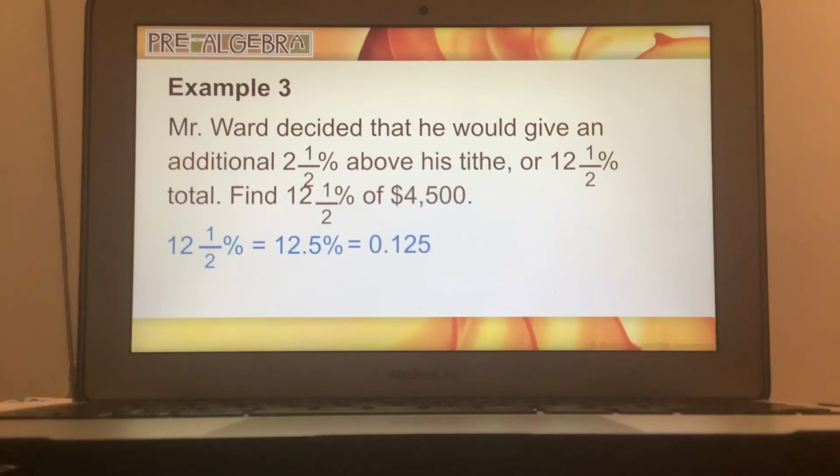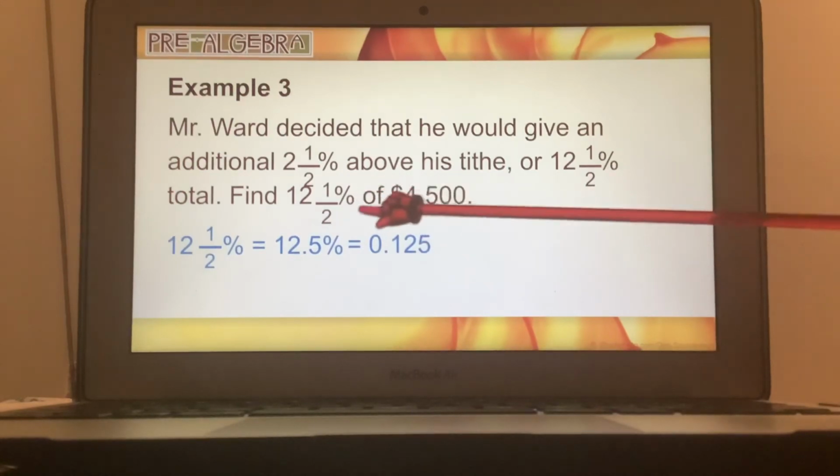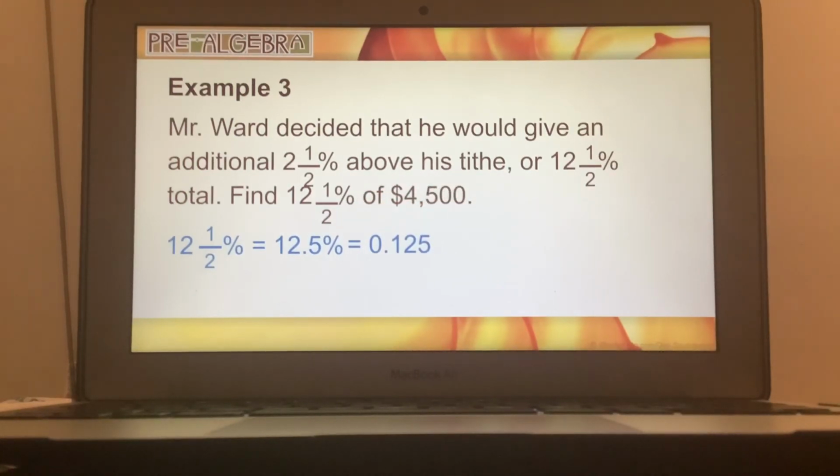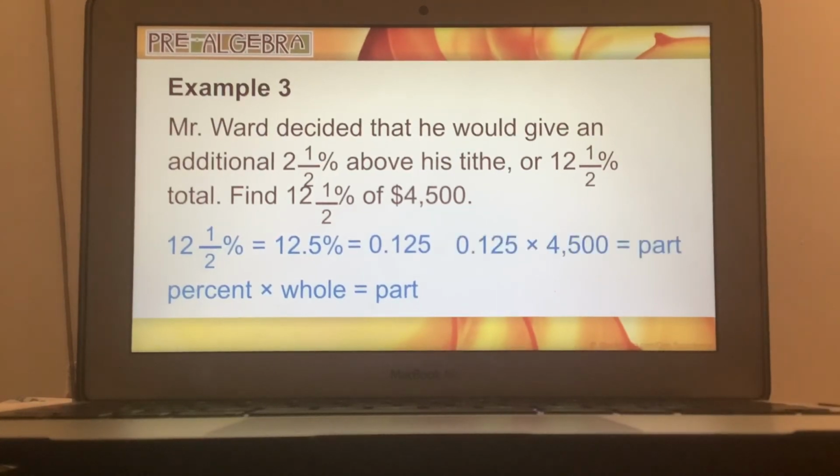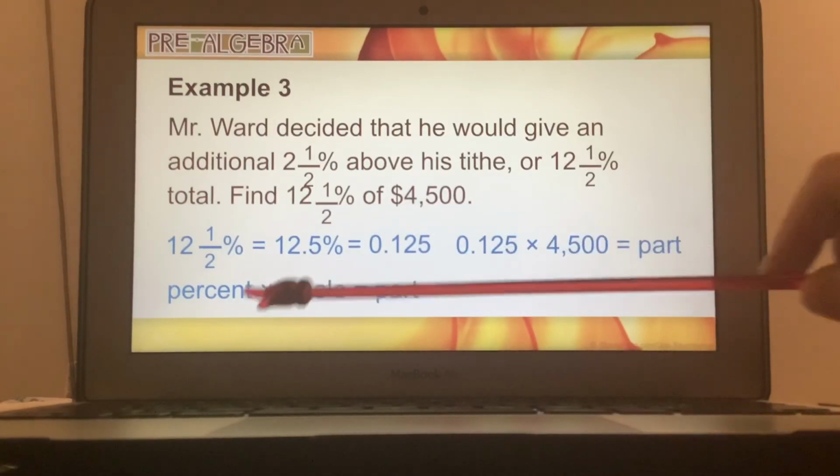Now we can take 0.125 of $4,500. And then what does of mean? Remember? Means multiply, right? So the percent times the whole equals the part. There's our formula again. And all you have to do is just plug in your numbers into our formula here, okay?